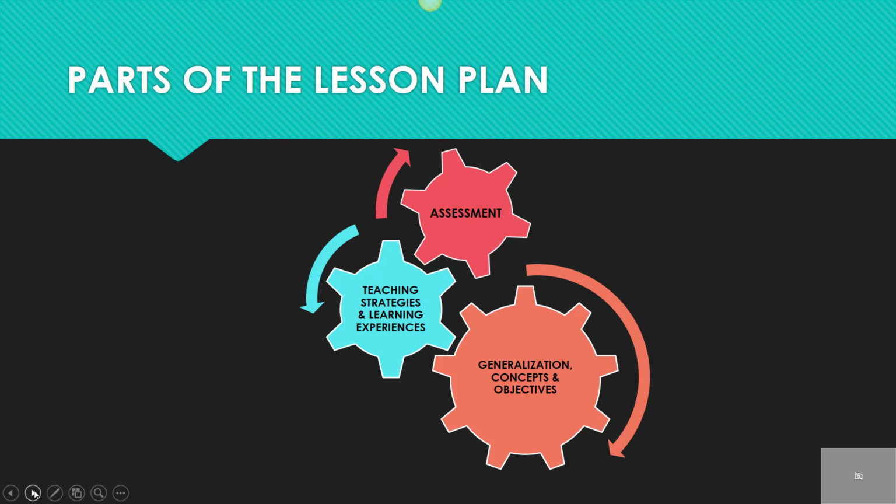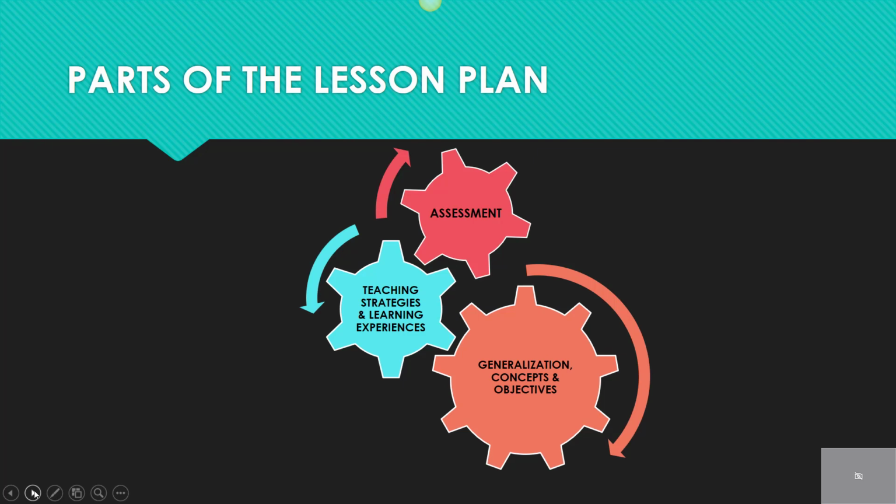And then also your assessment has to be related to your objectives. Even your teaching strategies should be reflected in your assessment. So I want you to keep in mind that the different parts of the lesson plan are linked. It's like a puzzle that should fit together.